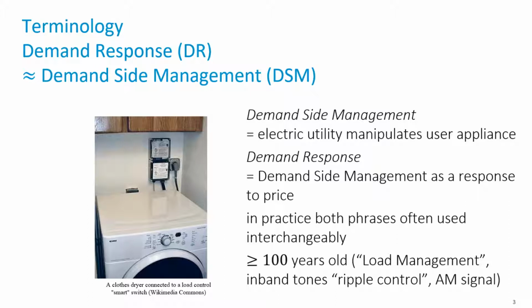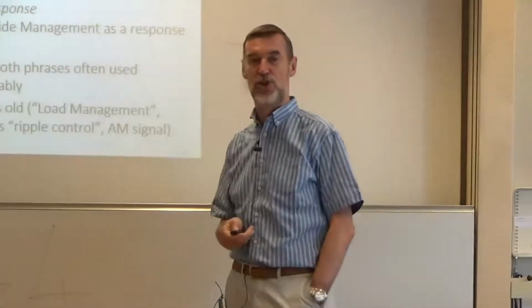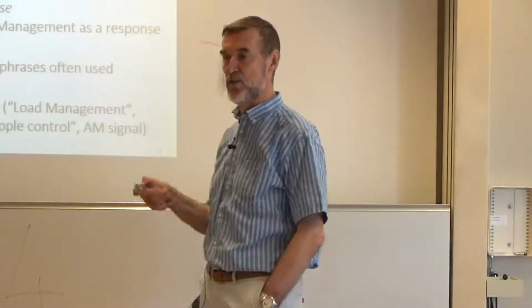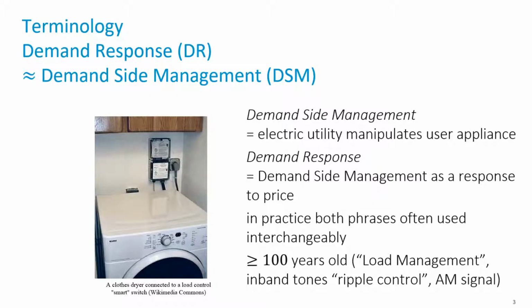This is what is done by having, for example, your electric utility manipulate your user appliance. As we will see, those are more old style, but those are systems that are developed now in countries where there's a lot of heat or air conditioning, for example, where the utility might decide to switch off your air conditioner at a peak point in time.